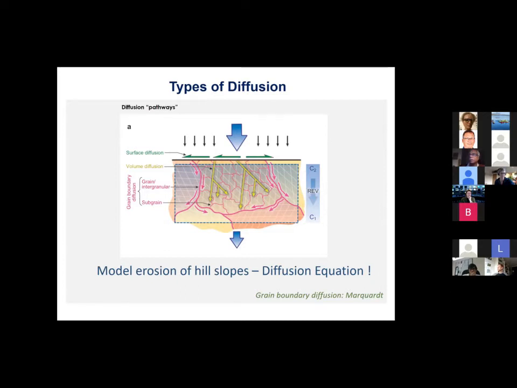The erosion of hill slopes is modeled by exactly the same equation. And there, of course, you don't have lattice or an atomic diffusion process, but you can describe the process by a diffusion equation nonetheless. So it's really the randomness that's the key. The equalization of concentrations just happens as a result of that.